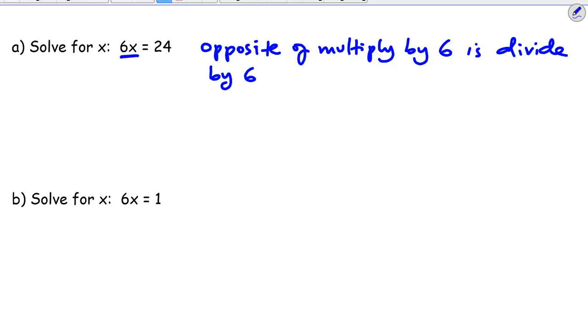So we are going to divide by 6 and divide by 6. And 6 divided by 6 is 1. So we'll end up with x = 4.